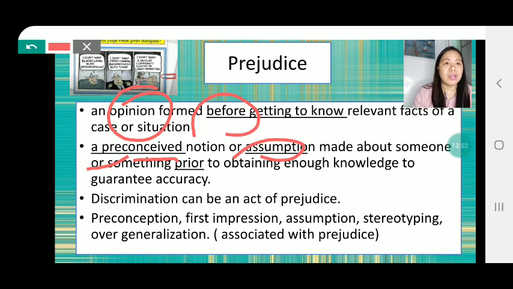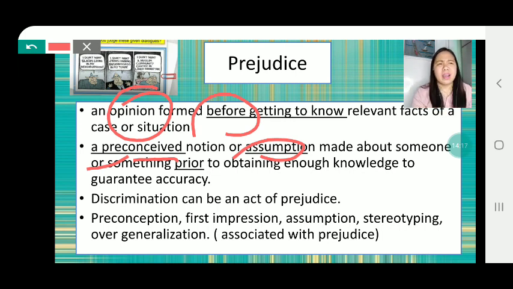That's assumption, made about someone or something prior to obtaining enough knowledge to guarantee accuracy. So, nagkakaroon ka na agad ng concept bago mo pa man malaman kung ano yung mga information or kung tama ba talaga yung mga, or without knowing kung ano ba talaga ang katotohanan.